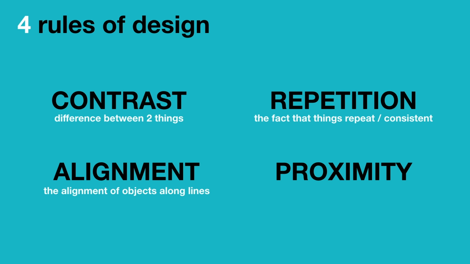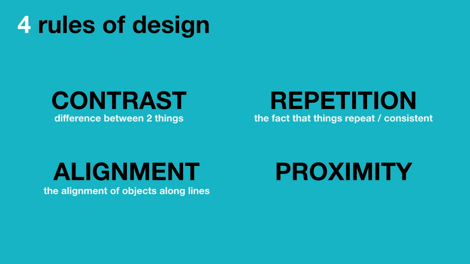When things are aligned or are not aligned along certain lines in your document or in your field of view. So usually we use a line which is horizontal or a line which is vertical to align the different elements. We will see concrete examples of that. And proximity, finally, a beautiful, beautiful principle of design which relates to how close or how distant things are and how logically we start to interpret them in completely different ways.